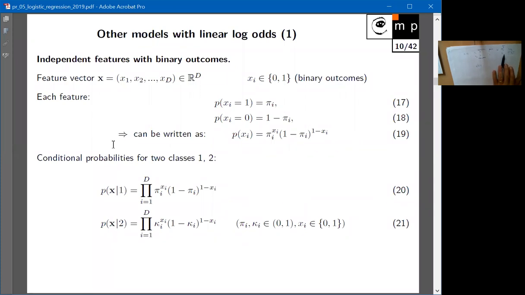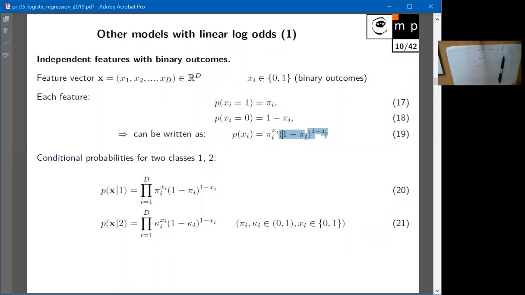Formula 19 is like a compact way of writing an if statement. So xi can only be 1 or 0. Either you have the binary feature or you don't have it. If xi is equal to 1, then 1 minus xi is 0.